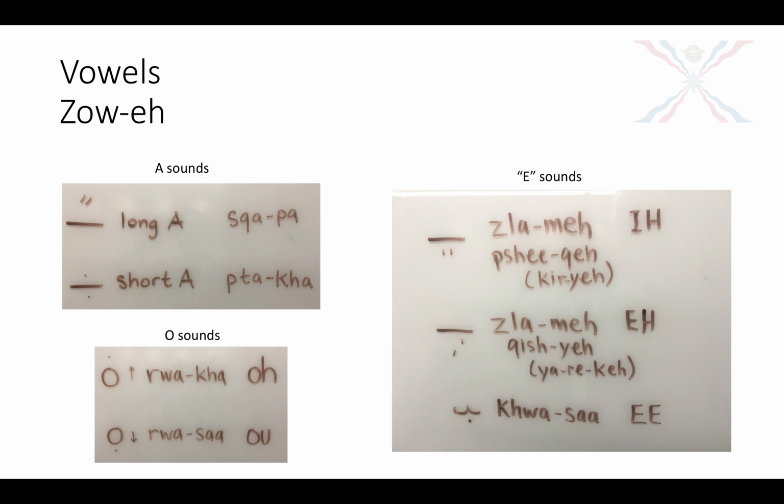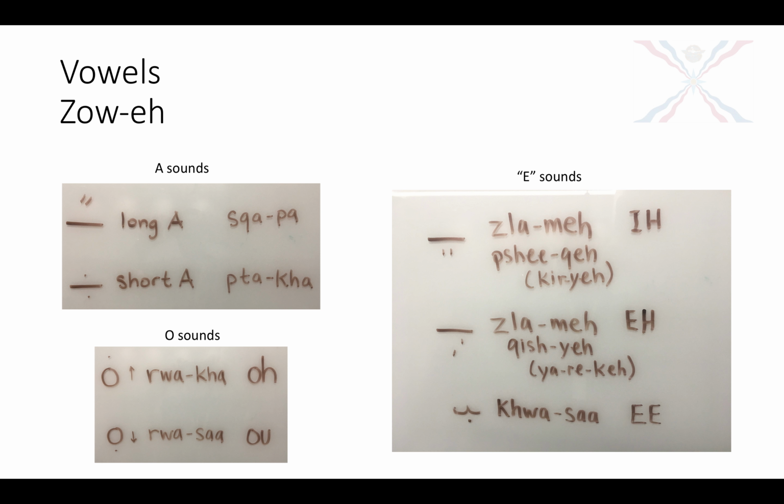So I usually draw an arrow that's up, so when you see it, the sound is going up, so o. So ruacha is o, then ruasa is the sound is going down, so oo. And this usually helps students remember which is which. So the one with the dot on top, ruacha, sounds going up, o, and the one with the dot on the bottom is ruasa, it's the oo.